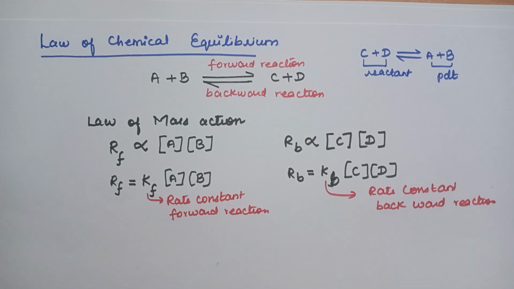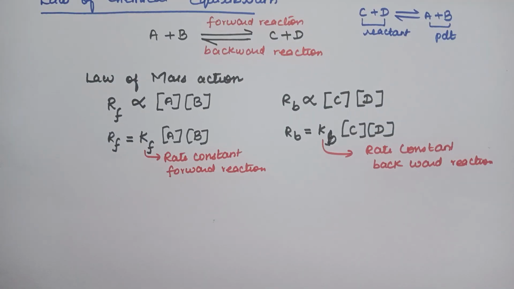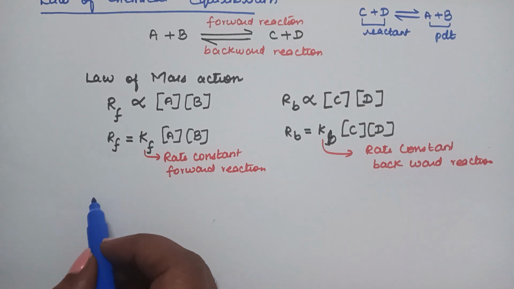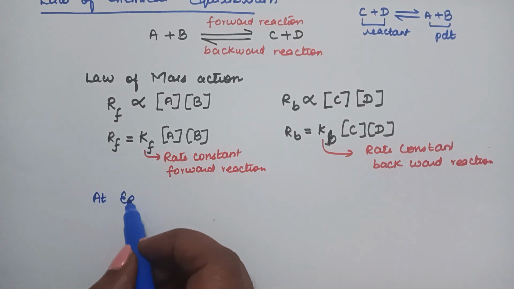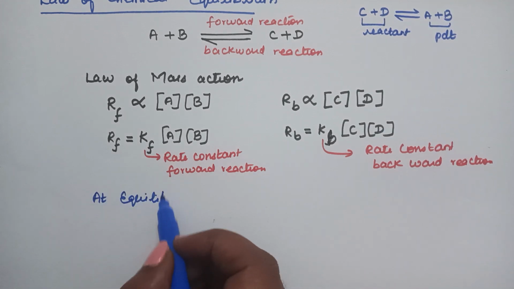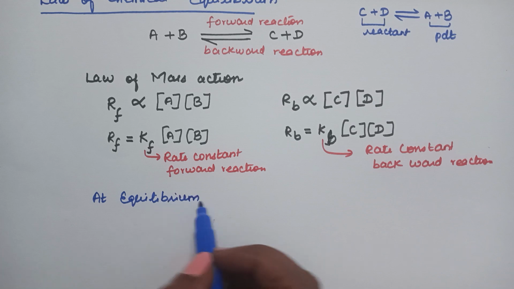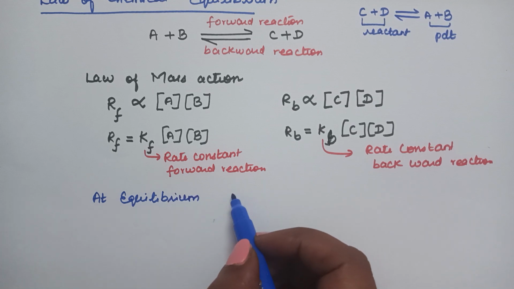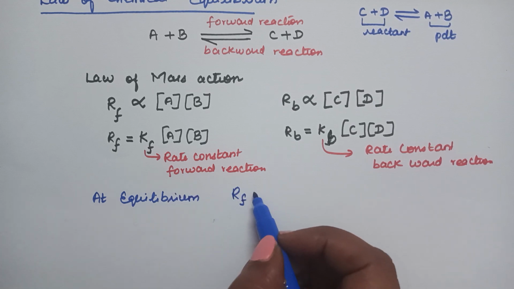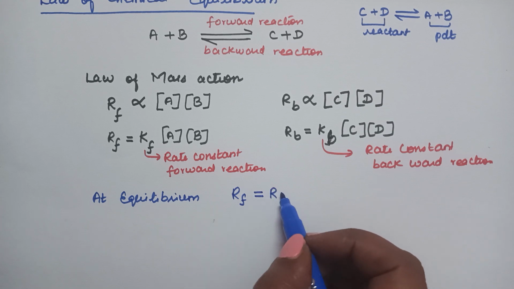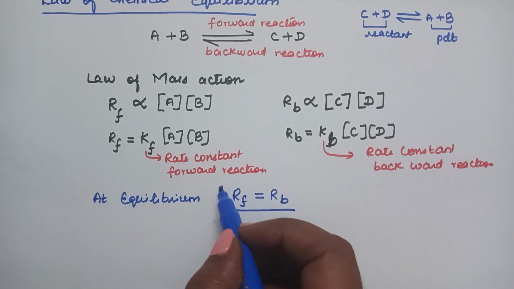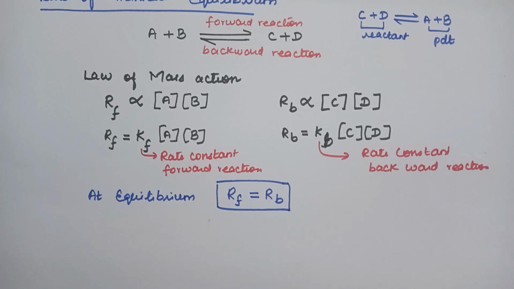So next, at equilibrium. Students, we know that at equilibrium the rate of the forward reaction will be equal to the rate of the backward reaction. This is what we learnt in the first class.